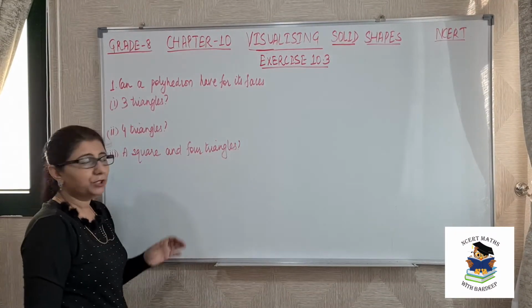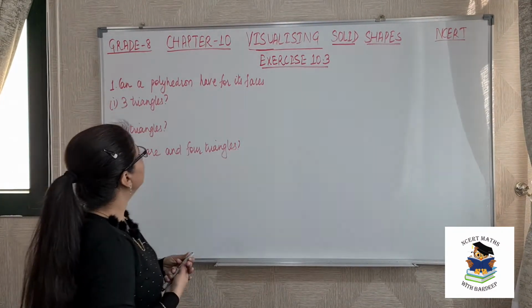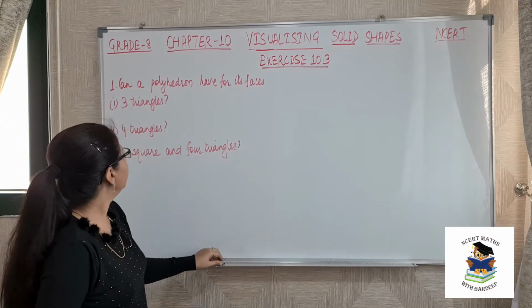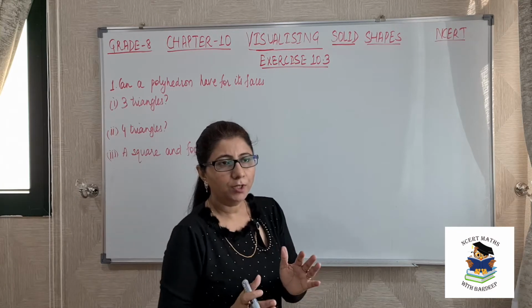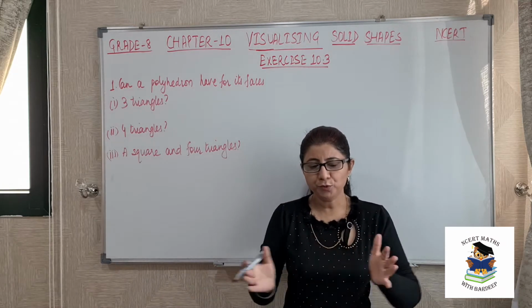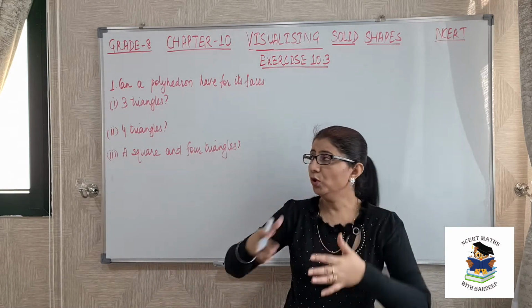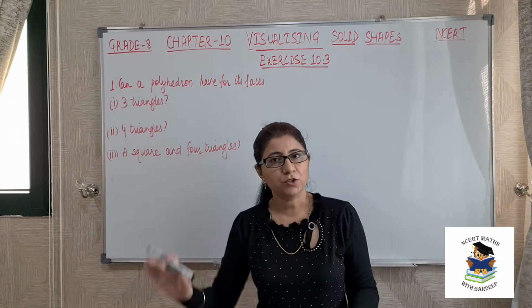So the first question of this exercise is, can a polyhedron have for its faces 3 triangles? As already explained, in a polyhedron all the edges should meet at the vertices. So for 3 triangles this is not possible.